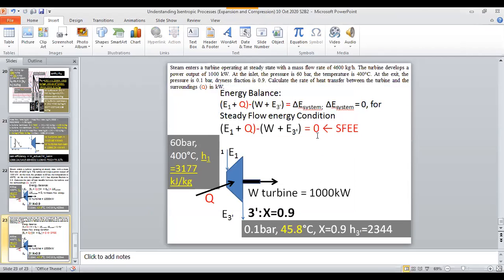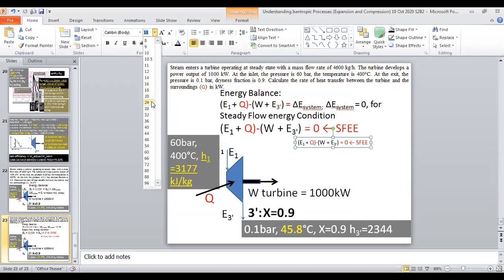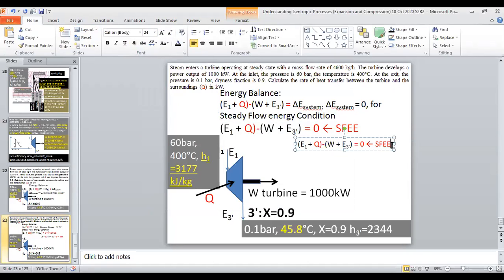This is SF. I will take this separate, and starting here, I will divide this per unit mass flow, meaning 1 kg per second.